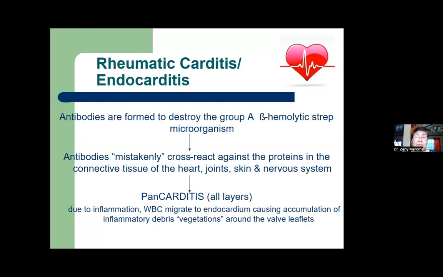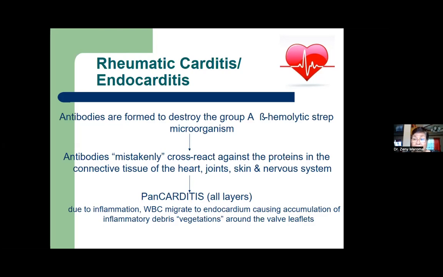So the WBC in particular will go to the site of inflammation para magkakaroon ng phagocytosis. And the result of that phagocytosis is development of inflammatory debris or what we call vegetations around the valve leaflets. Kasi sabi natin, di ba, pagka may endocarditis, there will be valvulitis.